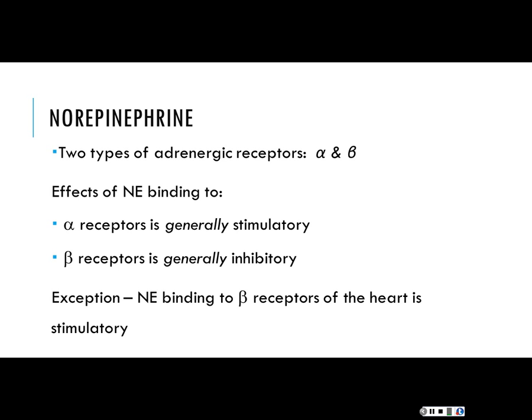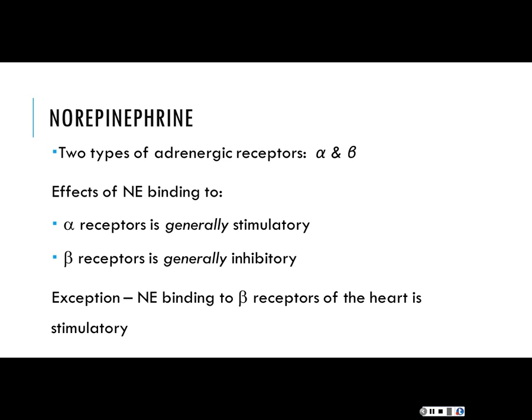So the alpha is more dominant and the beta is more passive, right? I wouldn't use the word dominant and passive. I would use excitatory and inhibitory. Generally, the alpha adrenergic receptors cause an excitatory response in the postsynaptic cell. Generally cause the postsynaptic cell to depolarize.